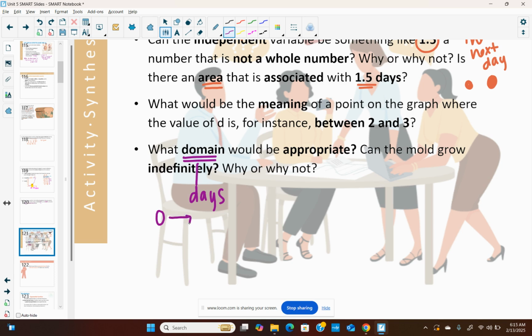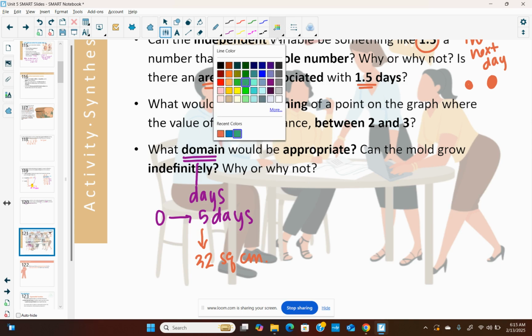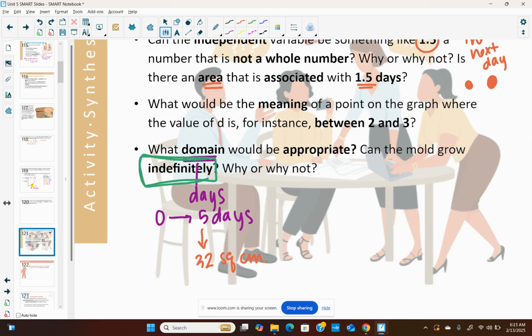Okay, so if we go 0 to 5 days, remember that this output here that we got here was 32 square centimeters. So it really matters how big is a slice of bread. So the domain would be until the whole bread got covered, because it can't grow indefinitely. So this indefinitely is, it can only grow, I'm going to do a different color so you can read this, so can only grow to the size of the bread.